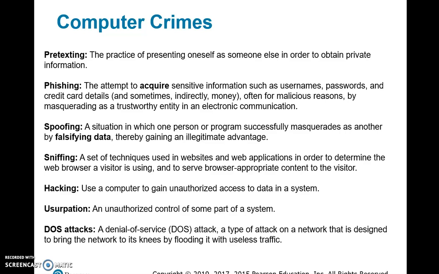In DOS attacks, there are other things that can happen too. For instance, you can bring the network to its knees by flooding it with some useless traffic. So if you start going to a website and hitting that website a million times using software, that can create big traffic into the system and bog it down, right? And that is the denial of service attack.